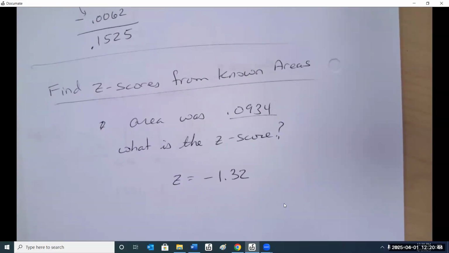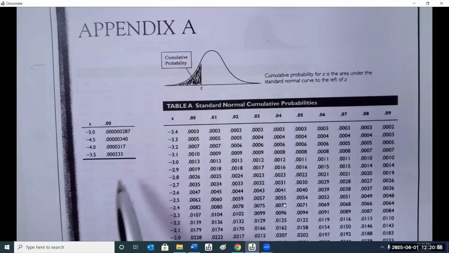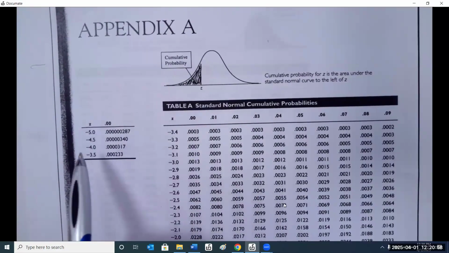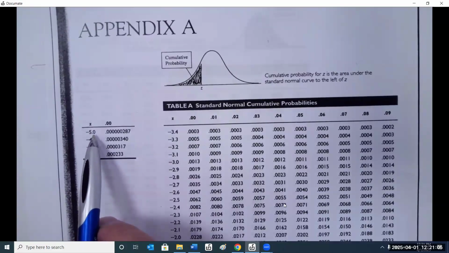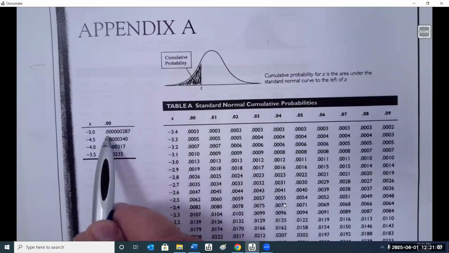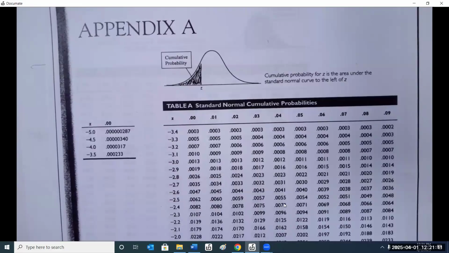Let's look for an example. There should be something else in here, these notes. If the X you're looking for is at negative 0.5, that value is 0.0000. Remember, that should be in the middle.